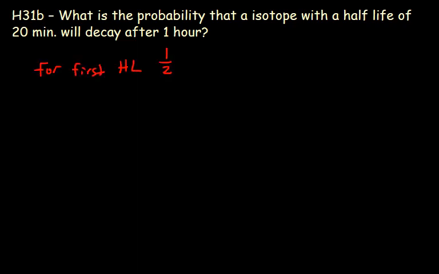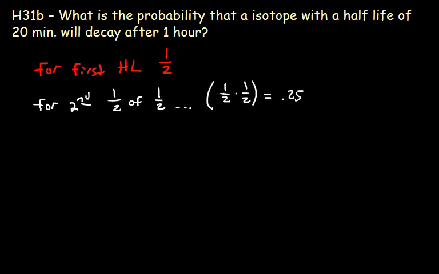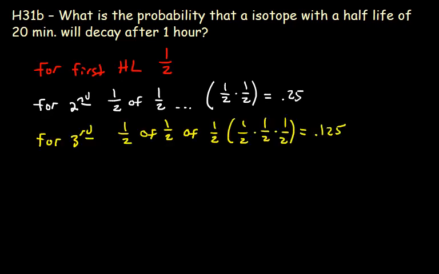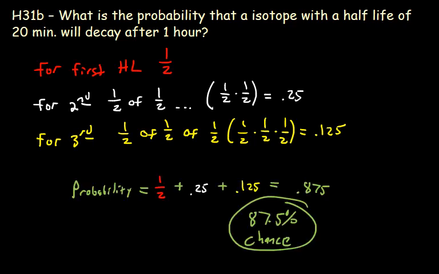Okay, so for the first half-life, 50% chance. For the second half-life, half of a chance, 0.25. For the third, half of a half of a half, 0.125. So that's 3, right?